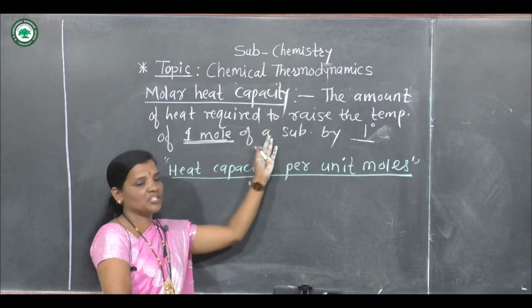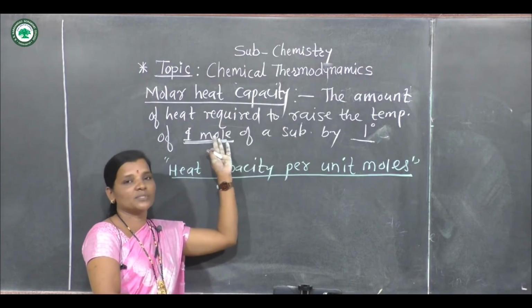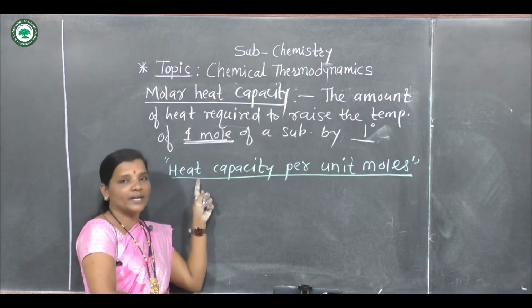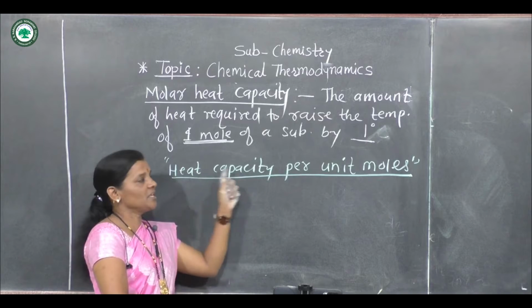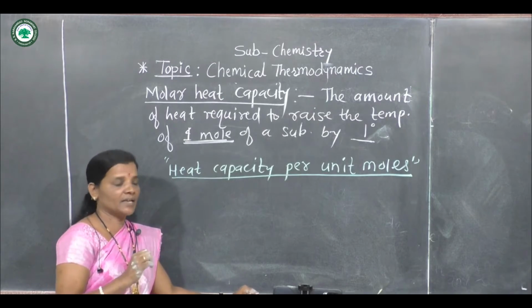Here this is the definition: the amount of heat required to raise the temperature of 1 mole of a substance by 1 degree. And heat capacity per unit mole is nothing but molar heat capacity.